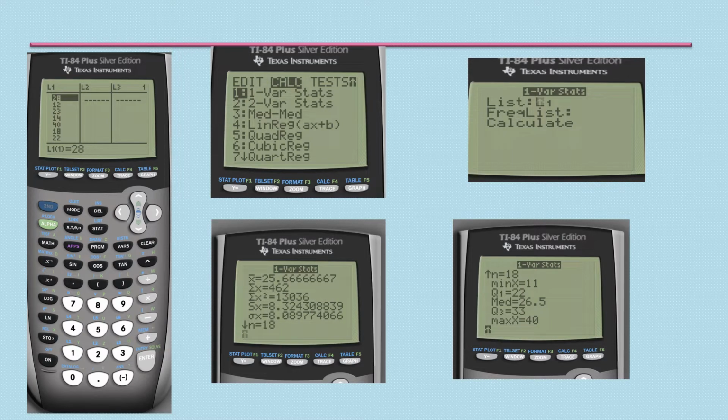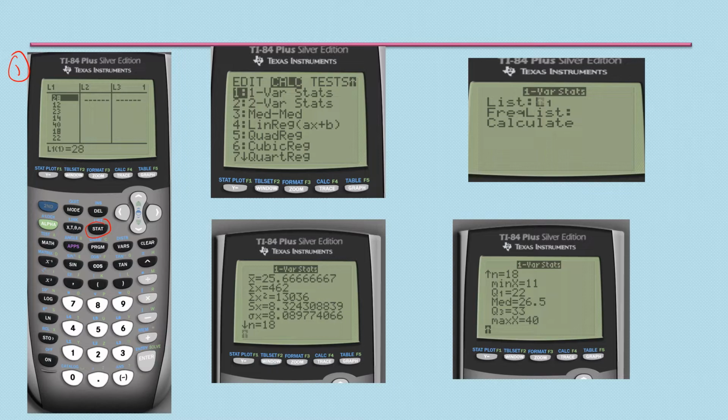Let's take the same example of those odd values, 25 values. First, let us enter all those values in our graphing calculator using STAT, Edit. Let us enter all those values under L1.